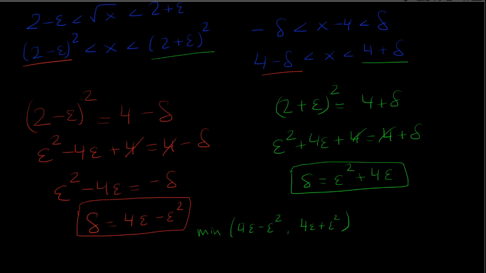So in the first piece here, we're subtracting two positive numbers, and the second one we're adding two positive numbers. So obviously 4 epsilon minus epsilon squared is the delta that's going to work. Okay, let's try another one.